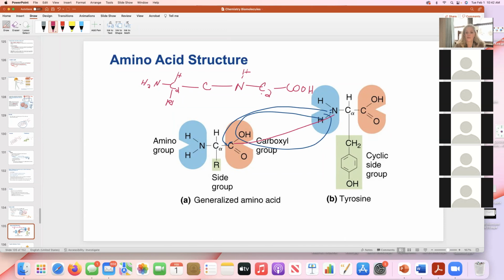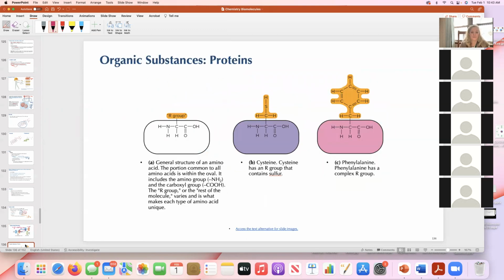This alpha carbon has that big R group, that cyclic side group, and this has this cyclic group on it. This right here is going to be the peptide bond, and we got rid of this hydrogen and this hydroxyl group, so we got rid of water. So we synthesized it and got rid of water, so it's a dehydration synthesis or a condensation reaction when we made that. Same thing happens over here.